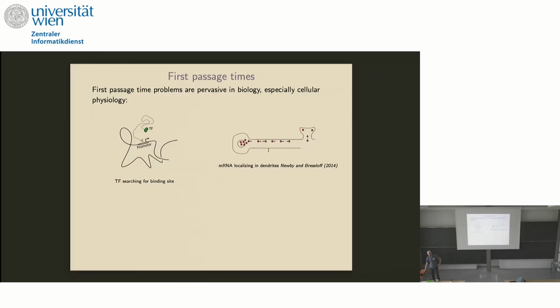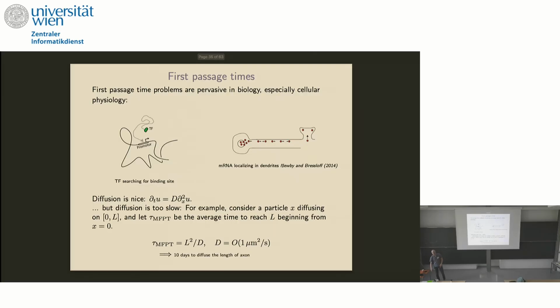Again, we saw some of this in the first two talks. We like to model things by diffusion because diffusion is super nice. But as I learned, as they discuss in this review and in a lot of other books and reviews, diffusion is too slow. To give an example from this review paper, consider a particle diffusing on the interval 0 to L, and you define the first passage time to the end of that interval.